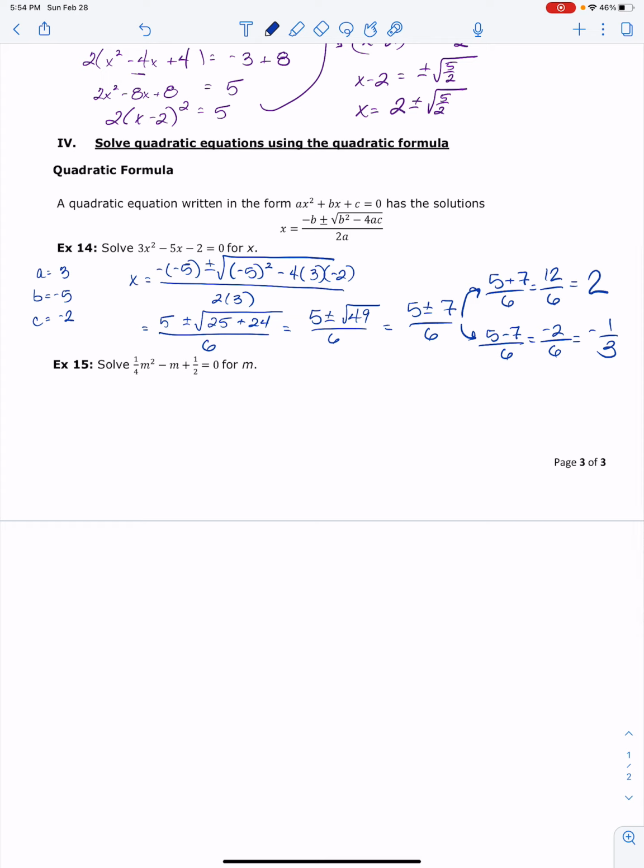Example 15. So here we have fractions that, if we can, we'd kind of like to avoid working with. So I'm going to go ahead and multiply everything by 4, because the roots are going to be the same.